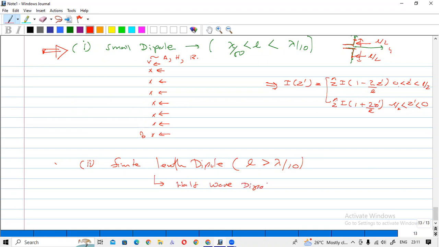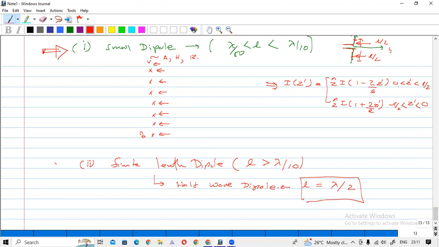That half wave dipole belongs to this finite length category, and for the half wave dipole, L is equal to lambda by 2.